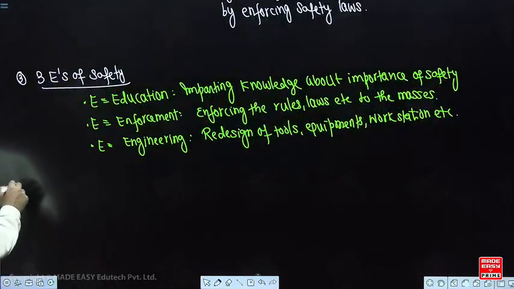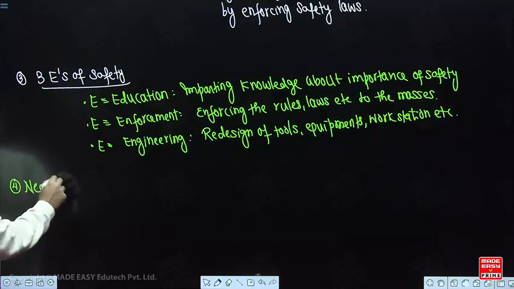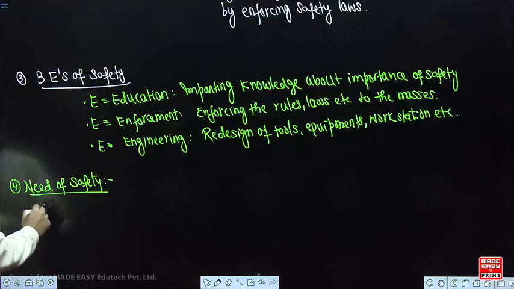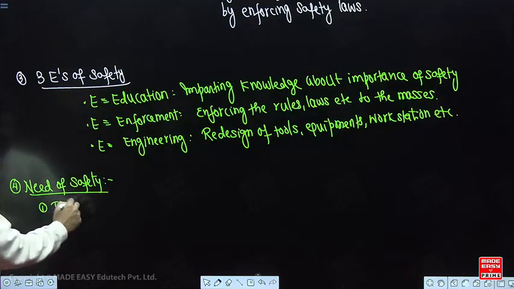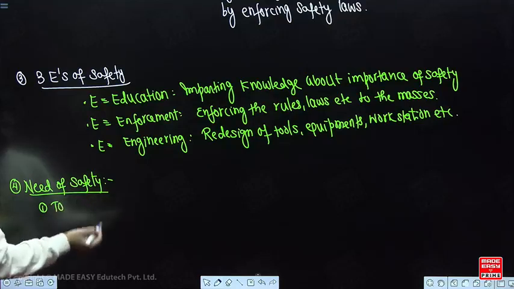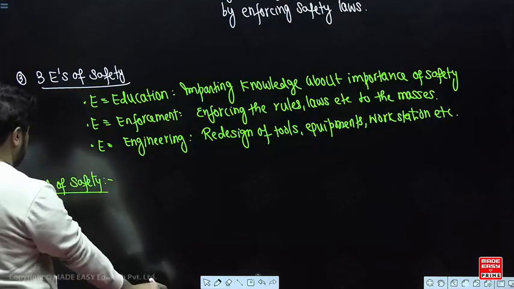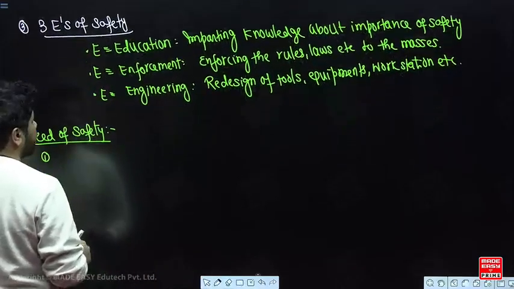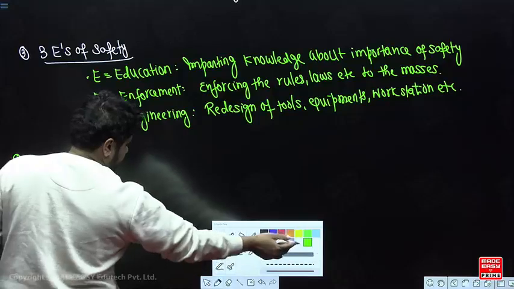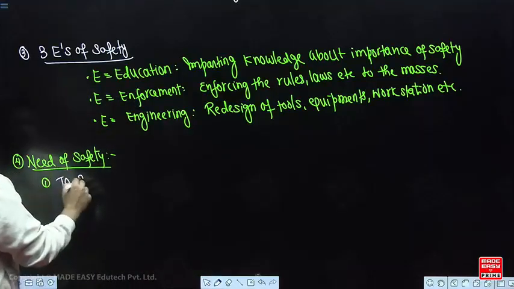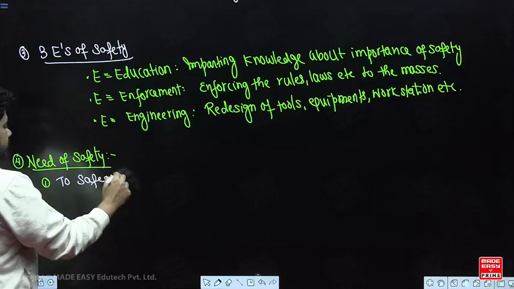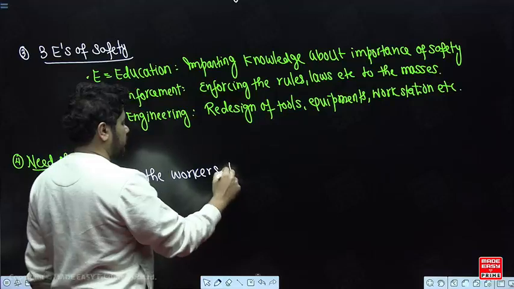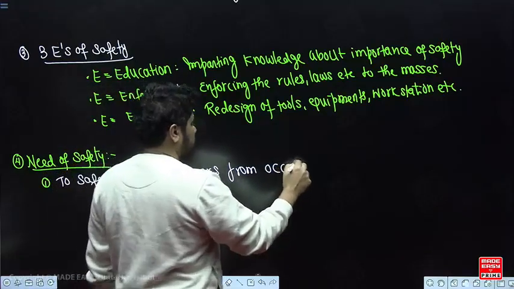Fourth point, need of safety. Why do we need safety? There are two needs: to curtail, or you can say to safeguard the workers from occupational health disease.